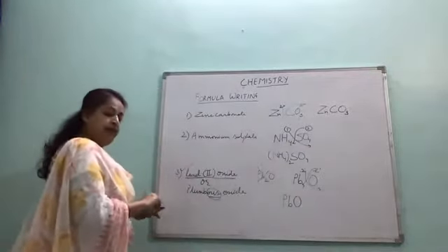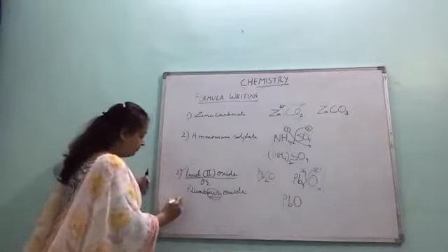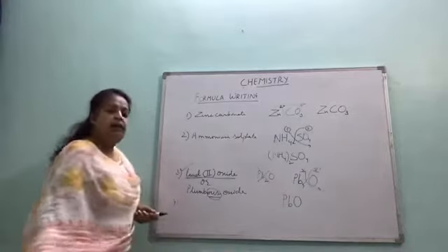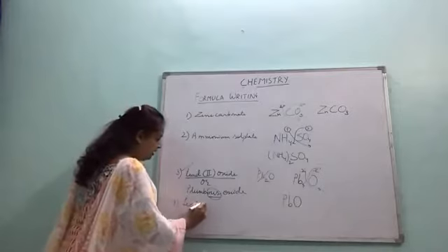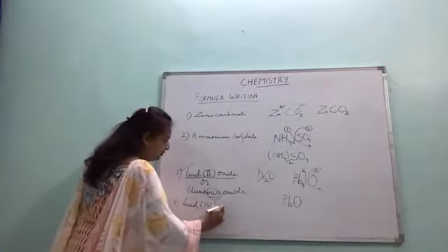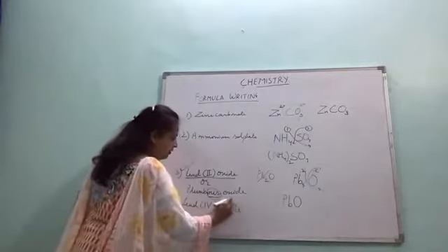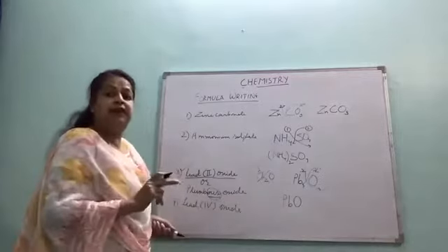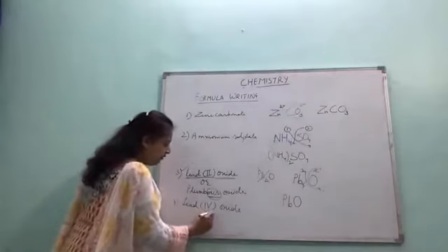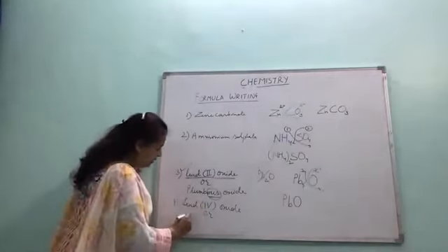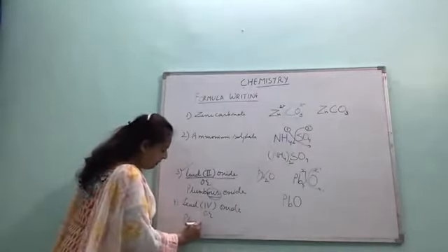Now I am taking the next one, lead 4 oxide. Now what do you think is lead 4 oxide? 4 represents the valency of lead, or in the old form of naming, it was read as plumbic.